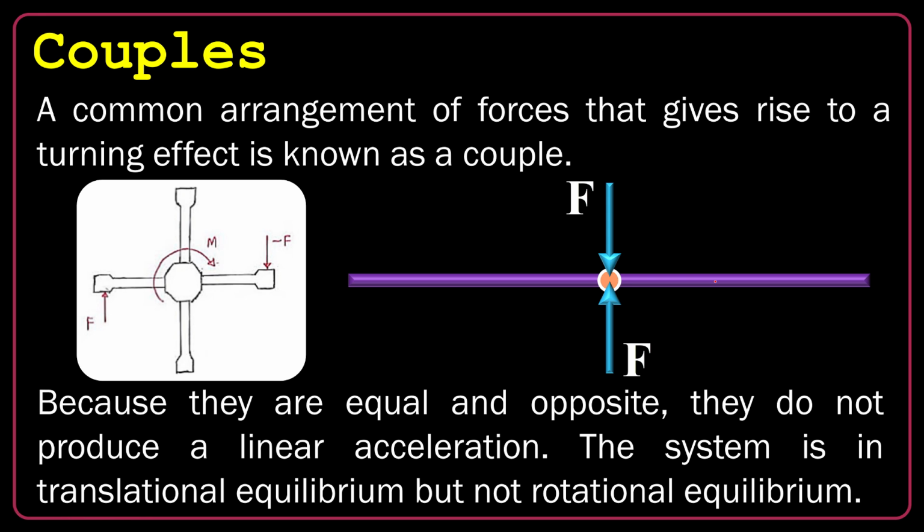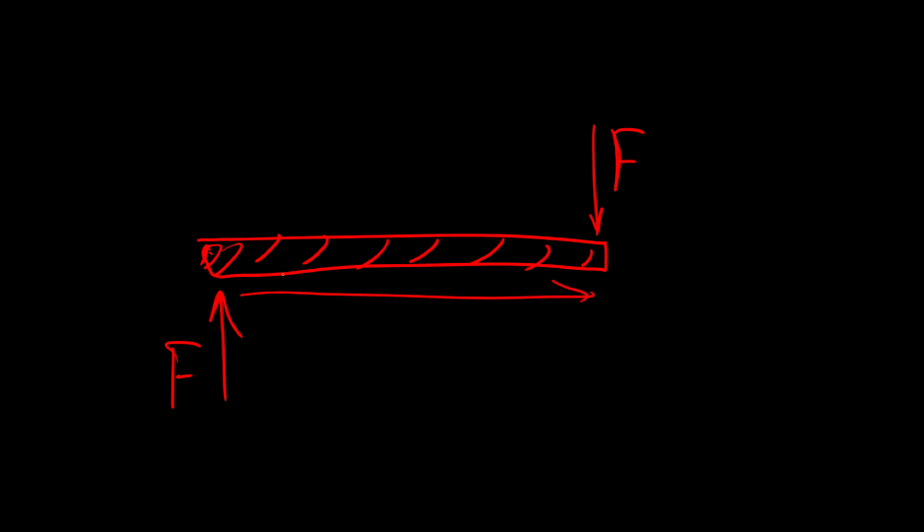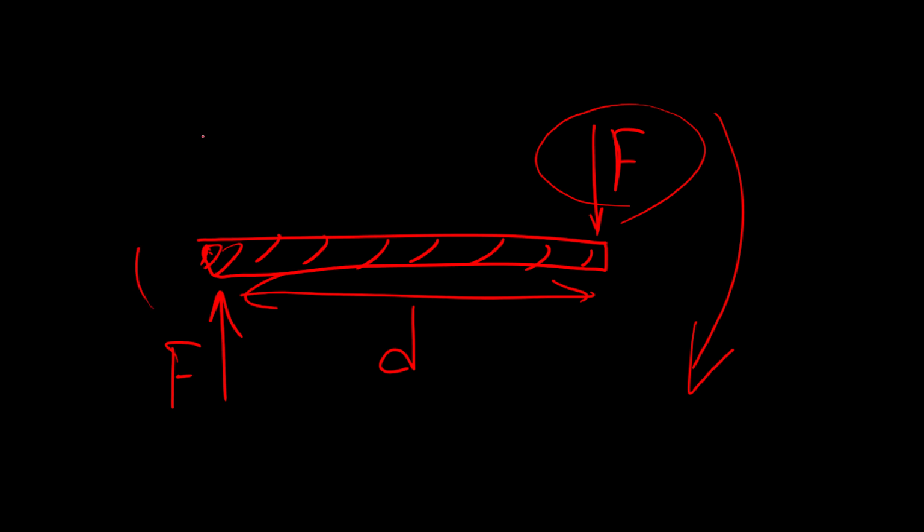So when I talk about a couple, I mean we have something like a rod or wrench, and then we have two equal opposite forces like this, separated by a distance d. Both will have the same direction of rotation, the same rotational effect. So if this force is making a clockwise torque, the other is also clockwise.